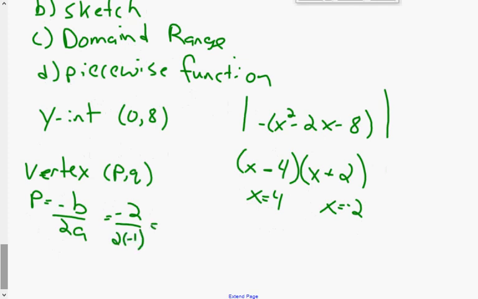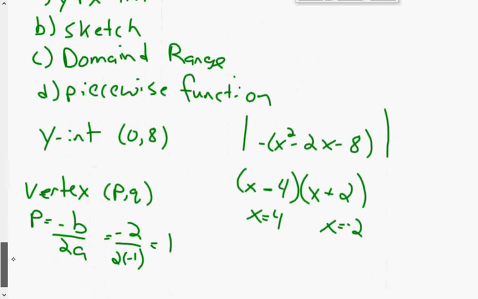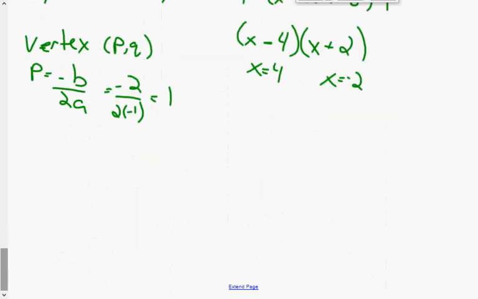Do I need to show the math here, or could I just say that's 1? All right, so there's my P value. How do I get Q? Right, you put P in for this guy. So that would just be -1 squared, positive 2x.